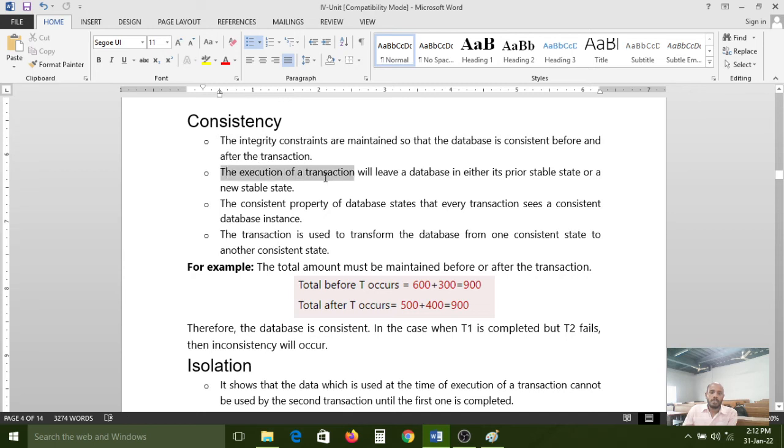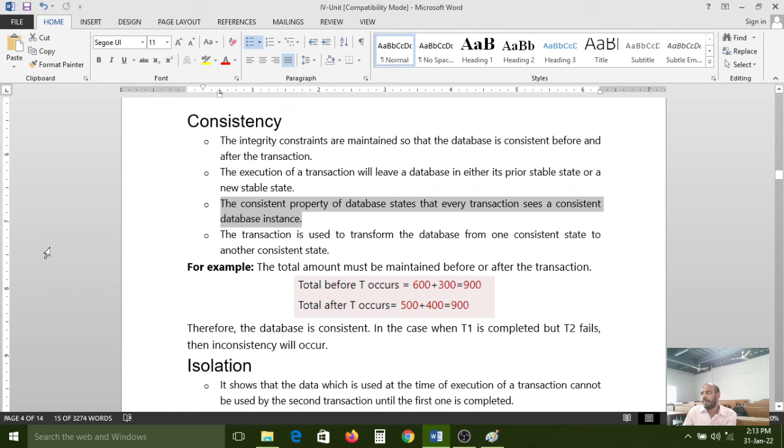The execution of a transaction will leave the database in either its prior stable state or a new stable state. The consistency property of a database states that every transaction sees a consistent database instance.